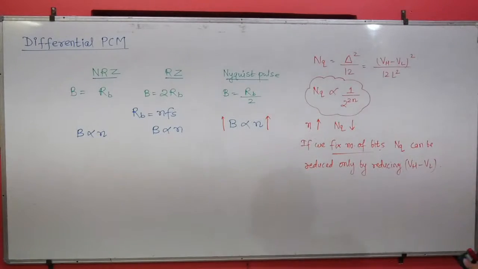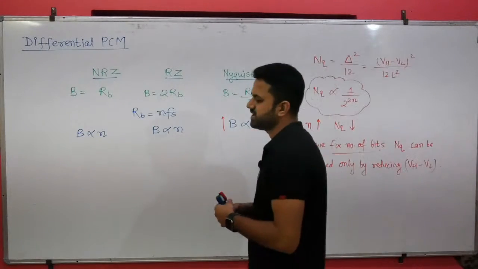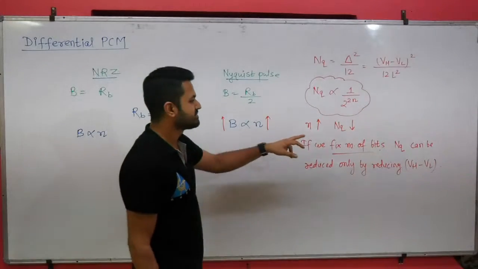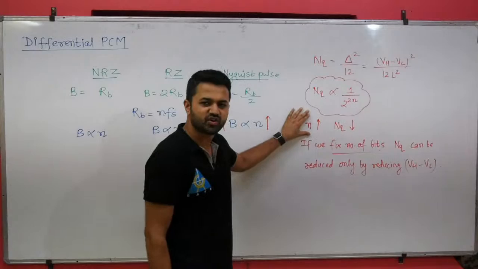Okay, so I was telling that if you increase the number of bits, what will happen? The quantization noise power reduces. But we have fixed the number of bits.